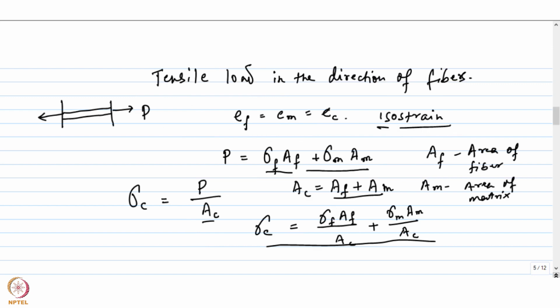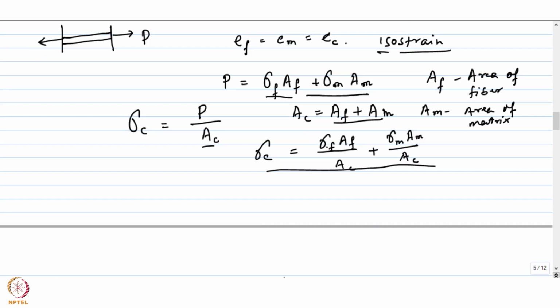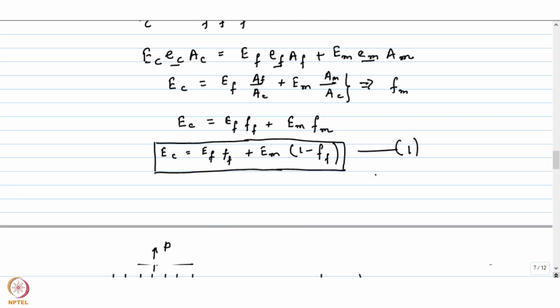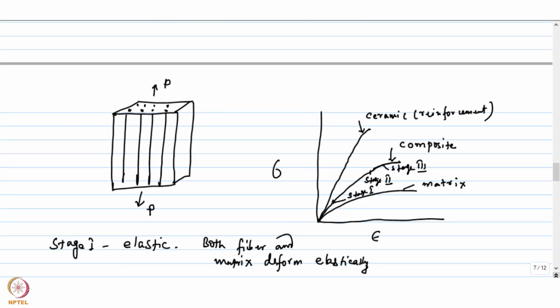And then we talked about the deformation behavior of a fiber reinforced composite, and we have seen that it goes through three stages. The stage 1, which is the elastic stage, where both the fibers and the matrix deform elastically.